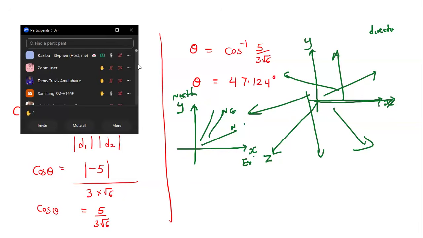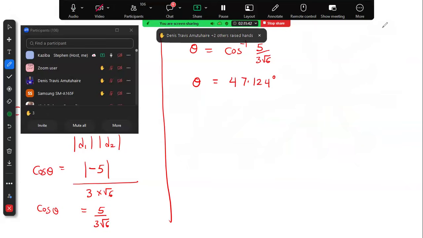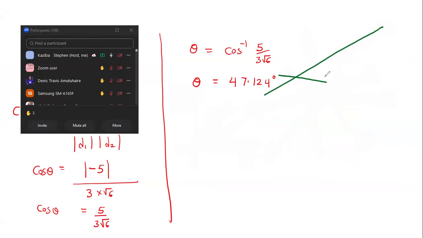Okay, whenever you are finding the angle between any two directions, let me say this is the angle you are finding, here we shall use the cos. But that cos doesn't come just like that; there is a way we derive it, and I don't want to go into that.